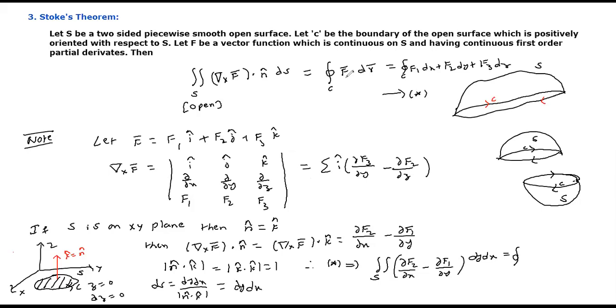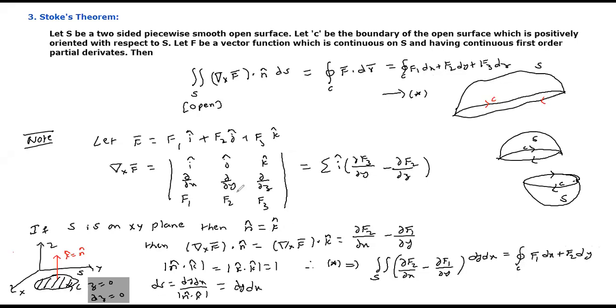Agreed or not? Yes, sir. Therefore, the third one, f3 dz, will not be there. So what is remaining is f1 dx plus f2 dy. So integral over C f1 dx plus f2 dy.